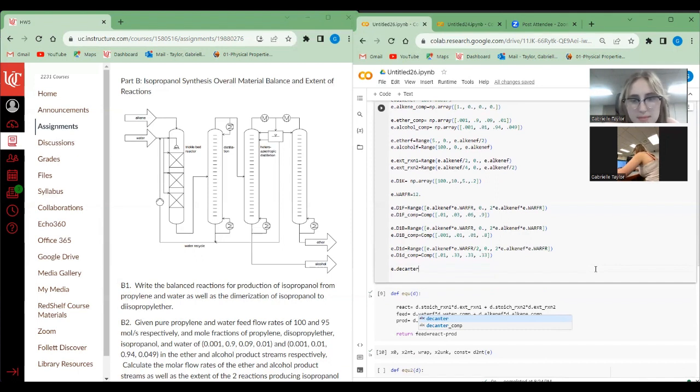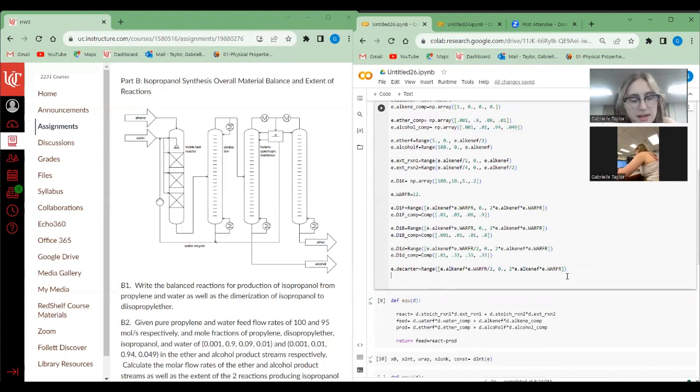What could be the minimum of this? It should be the same as our distillate. If we're bringing 2 moles of isopropanol in, we should be leaving the isopropanol out. So then let's do our composition of this.